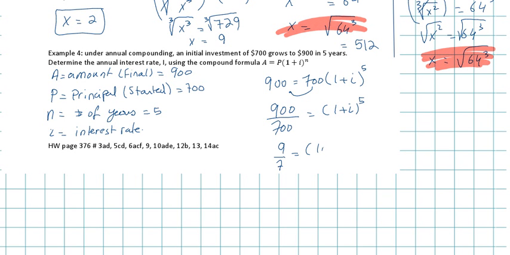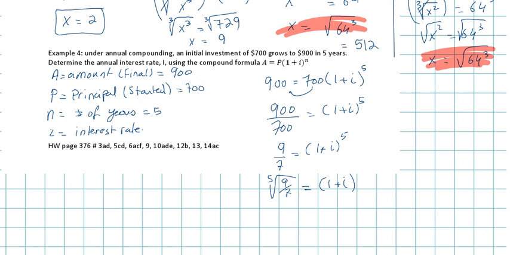What's the next thing I want to get rid of? The exponent. To get rid of the exponent, I root. And that would be the 5th root. Now, very important when you're putting this in the calculator, you put 5th root, bracket 9 over 7.